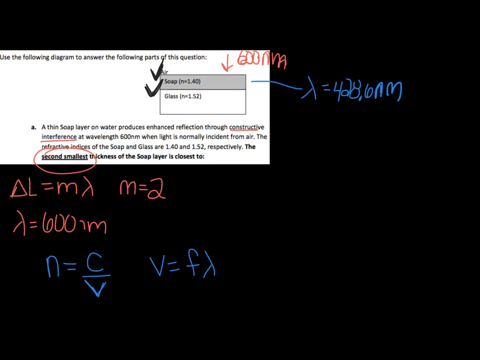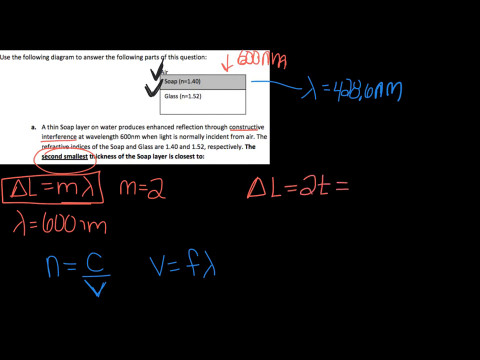Since these are in order, I can keep my rule that the change in length is an integer times the wavelength in the soap, because the path length difference is into the soap and back out of the soap. So my change in length is twice the thickness of the soap.